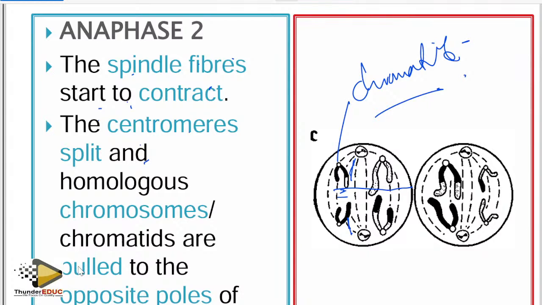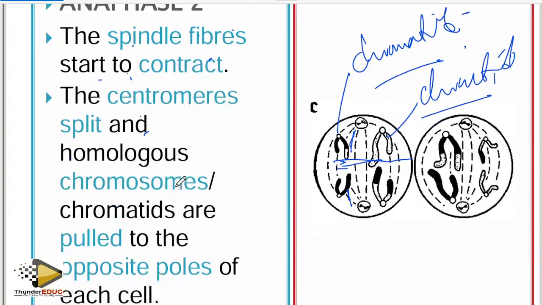Remember, they were daughter chromosomes, or we can call them unreplicated chromosomes. But at this time, do not use that word frequently, because at this time we prefer calling them chromatids. Please call them chromatids. It's better to use the word chromatids.